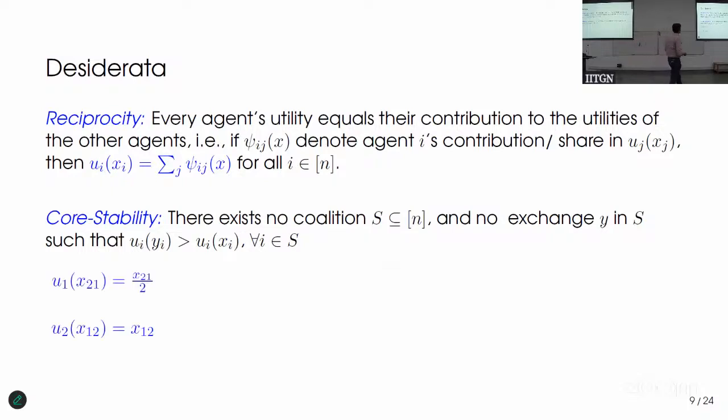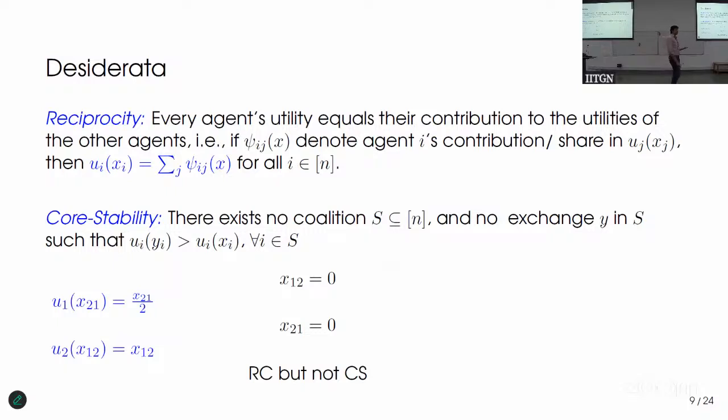All right, I'll illustrate with a small example, and then I'll also point out a subtlety in the definition of core stability, which is important. Consider a toy example where the utility agent 1 gets is half of the data it gets from agent 2, and the utility agent 2 gets is the data that it gets from agent 1. Notice that it's very easy to get an only reciprocal exchange.